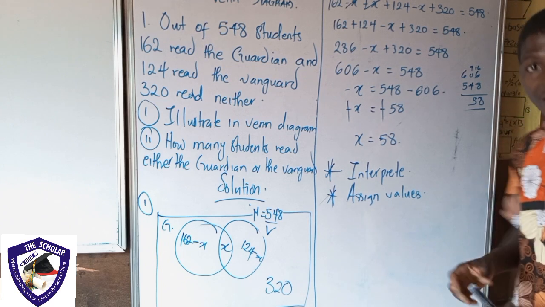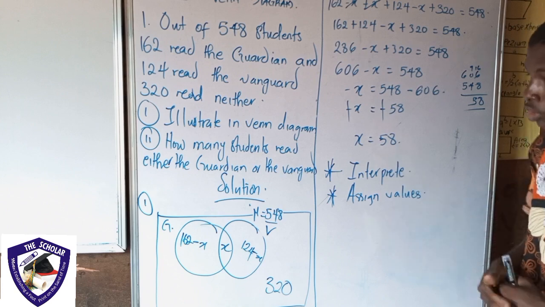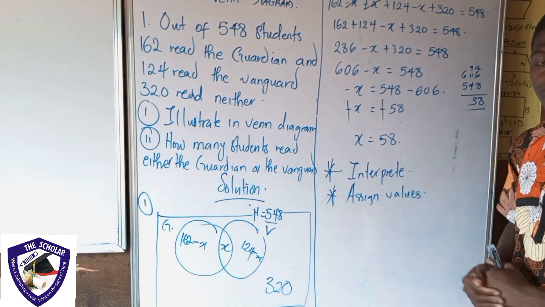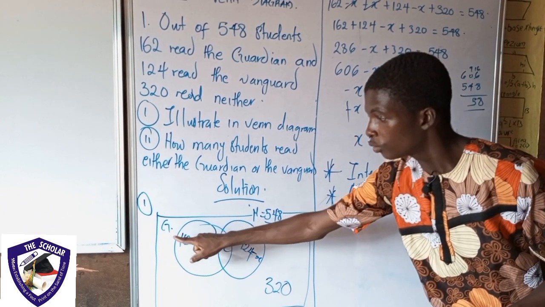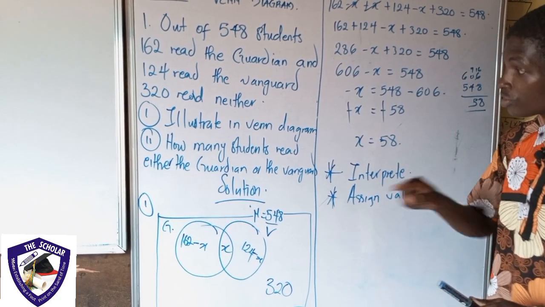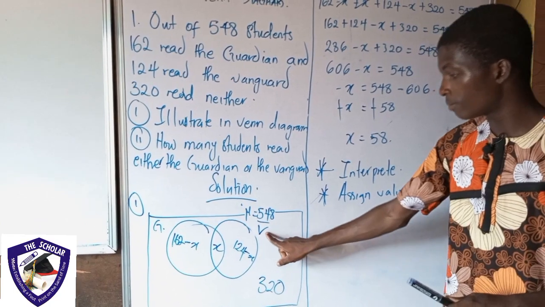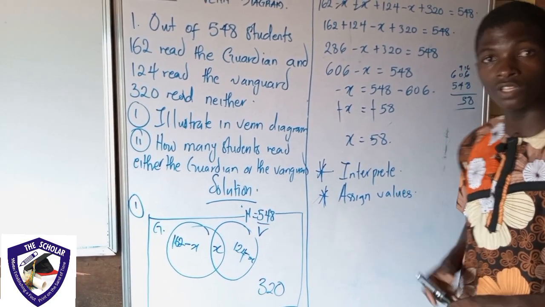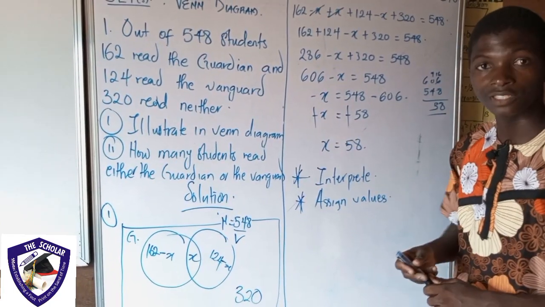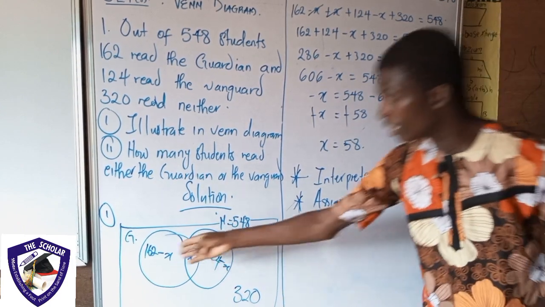After the interpretation, I assigned values to each of my sets. The first thing, I named my set here with G, which is representing our Guardian. Then I represented my set here with set V, which is my Vanguard. And after that, I gave out values.